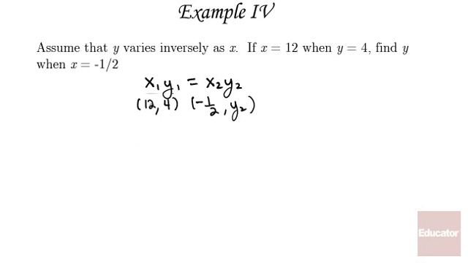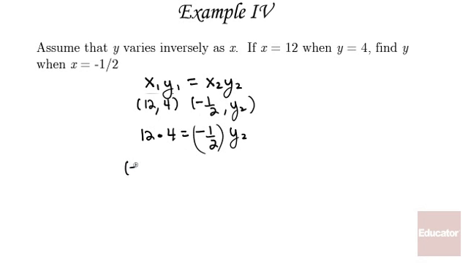I'm going to plug these values in for the different variables. So I have x1, which is 12, times y1, which is 4, equals -1/2 times y2. In order to solve this, I need to multiply both sides by -2.